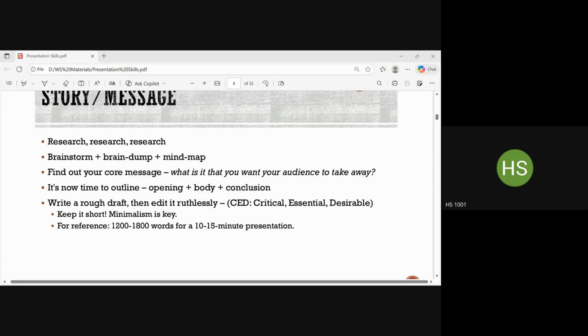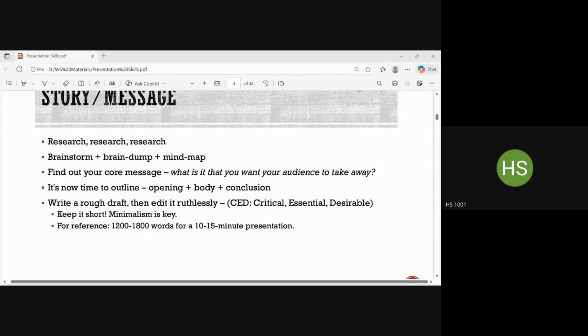In terms of slide length, number of slides, people typically say 10 to 12 slides, but that's not something that is written in stone. Sometimes people also delimit the number of slides that you can use. If they say you should not use any more than 10 slides, then you will have to limit your presentation like that.